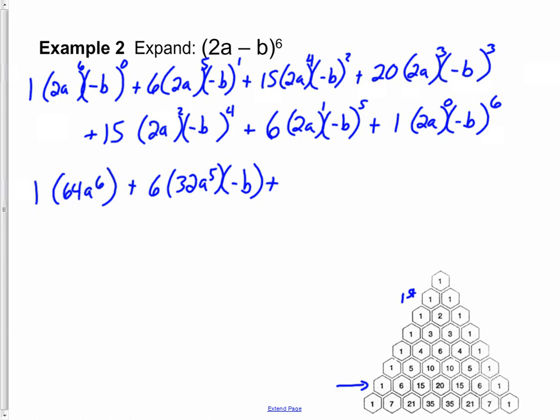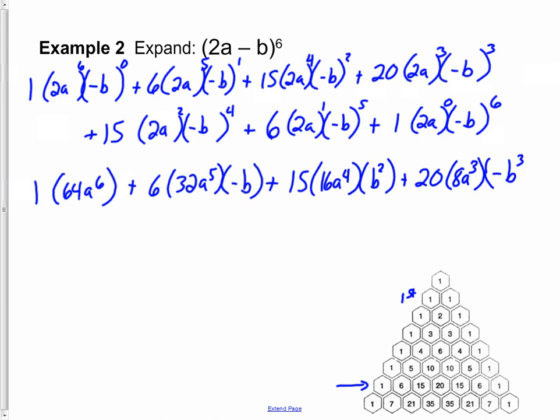and then 15, 2 to the 4th would be 16, a to the 4th, negative b squared. Negative b quantity squared would just be b squared. Then we end up with 20. 2 to the 3rd is 8, a to the 3rd, and then negative 1b cubed would be a negative b cubed.